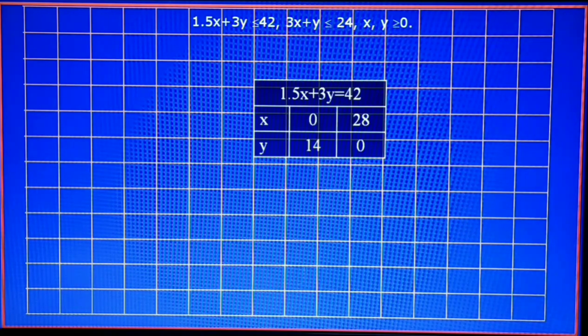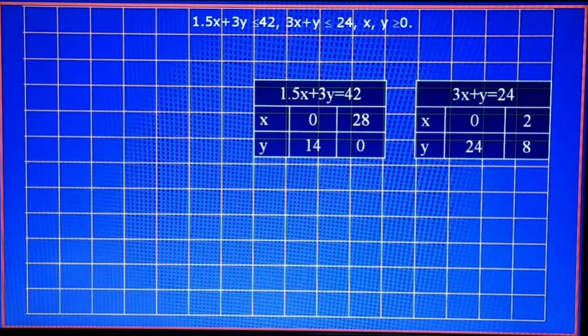Corresponding equations are 1.5x plus 3y is equal to 42. 3x plus y is equal to 24. From first equation, 1.5x plus 3y is equal to 42. When x is equal to 0, y is equal to 14. When y is equal to 0, x is equal to 28.